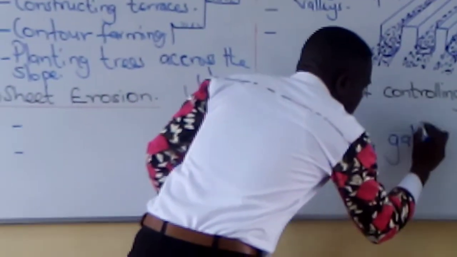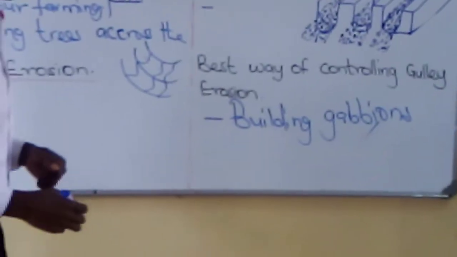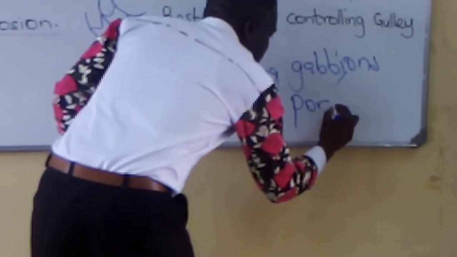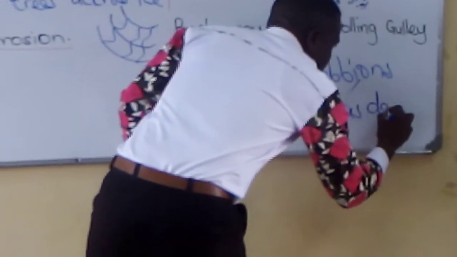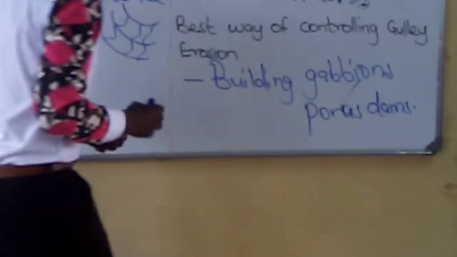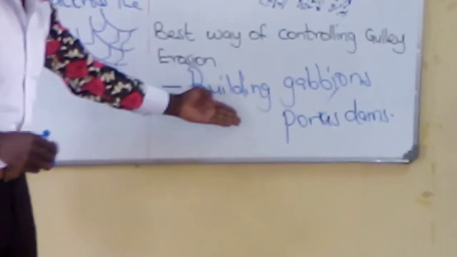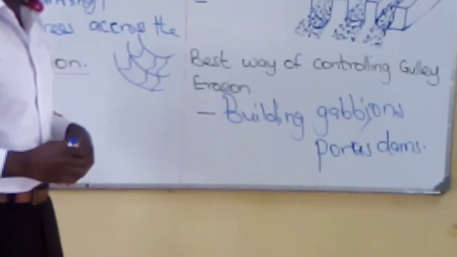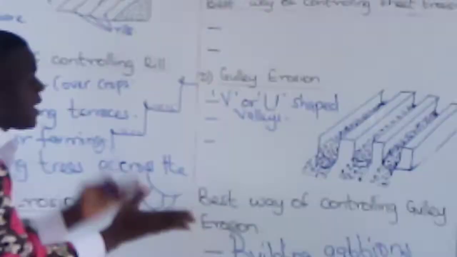Gabions are also known as porous dams. So you can only use gabions or porous dams in controlling gully erosion. That's the only way. You have U or V-shaped valleys, very deep on the land.